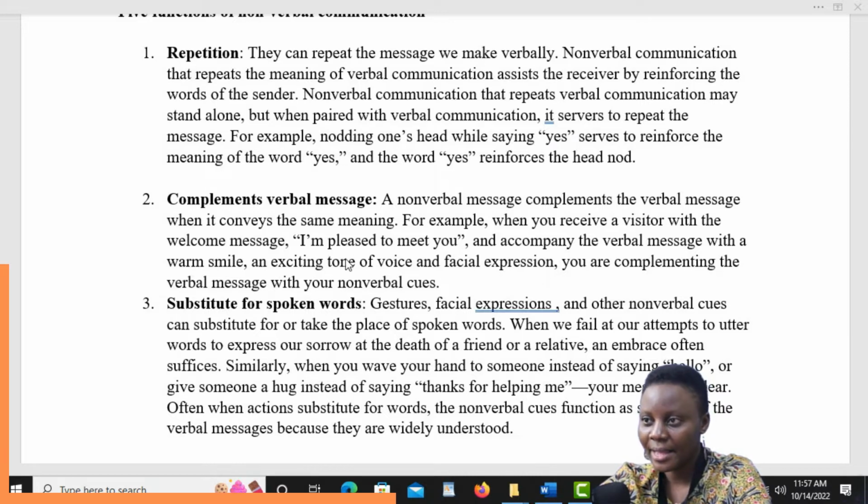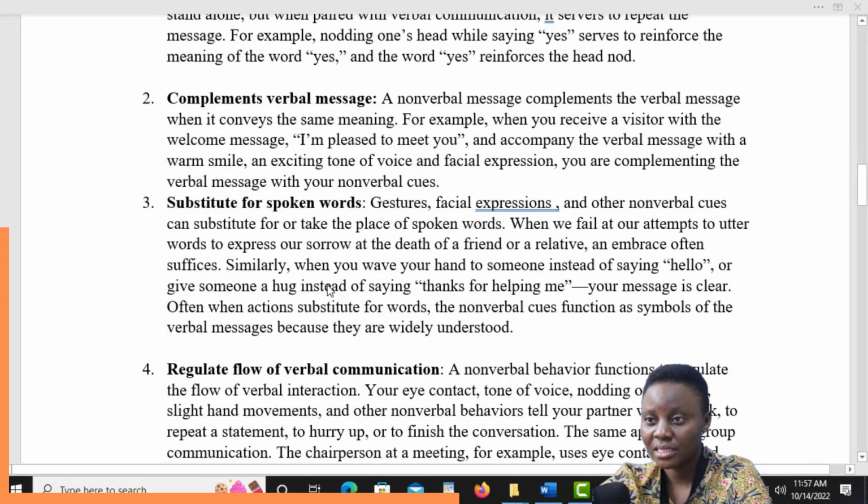In this example, somebody knocks at your door, you open the door, and then say welcome while you're smiling. That means this person is really welcome in this place. But if the facial expression speaks otherwise, you start asking yourself some questions. Am I not needed at this place? Am I really at the right place? So sometimes the nonverbal cues also complement verbal messages.